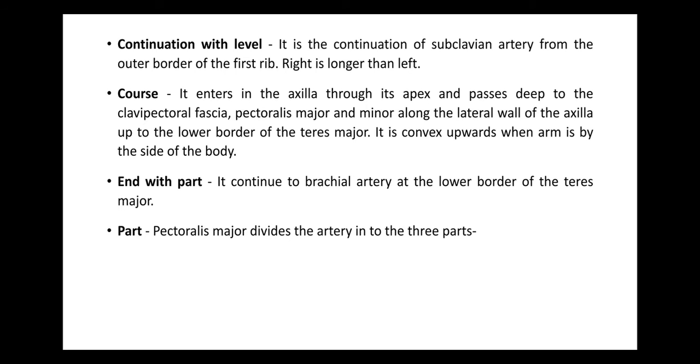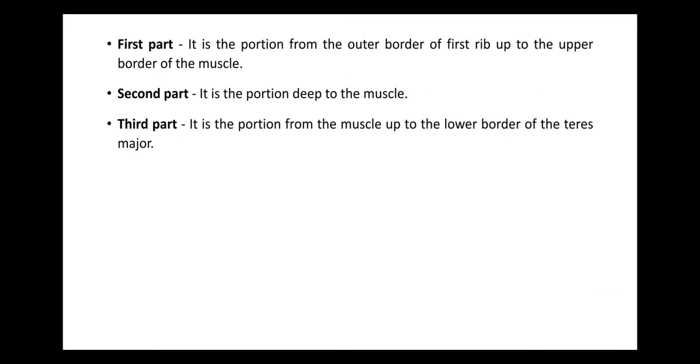Parts. Pectoralis minor muscle divides the artery into three parts: first part, second part and third part.